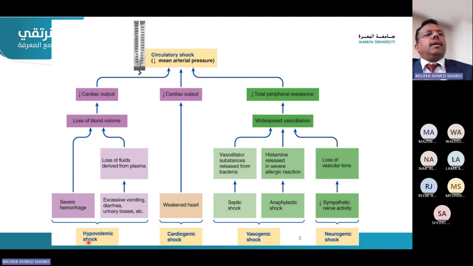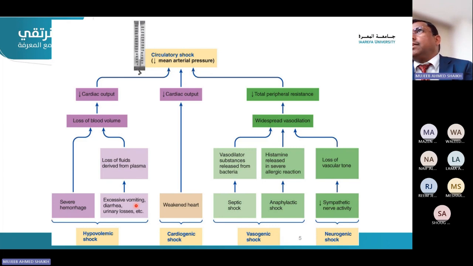So here, let's say example number 1 is hypovolemia. Hypovolemia could be due to loss of blood, hemorrhage, or due to loss of fluid: diarrhea, urinary loss, vomiting. We have seen from the previous block that blood contains 40% cells and 60% plasma.